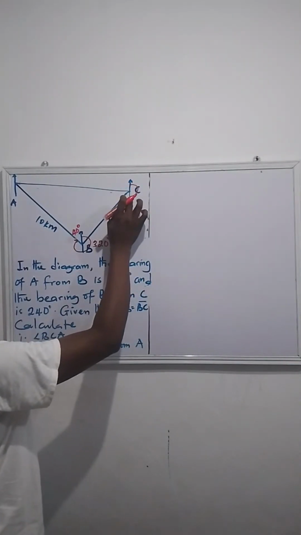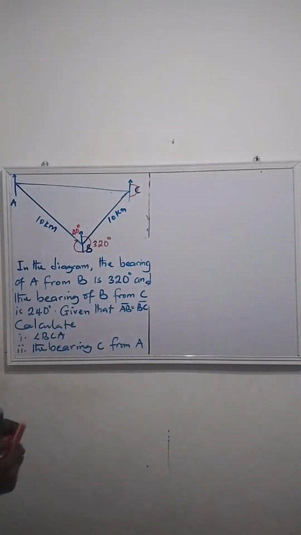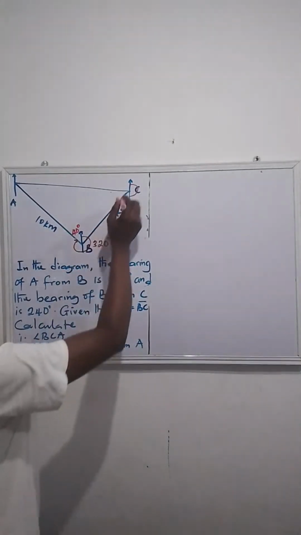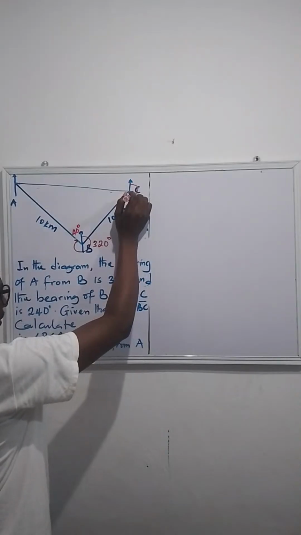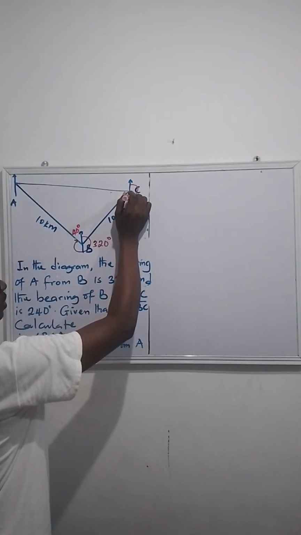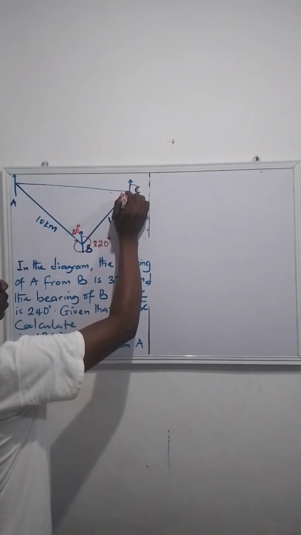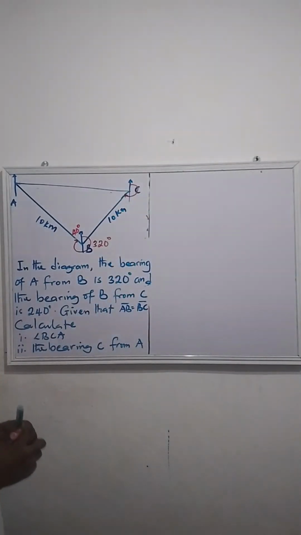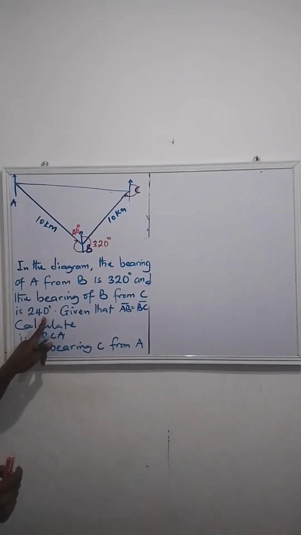Once you move to this level here, we have covered 180. So we are moving down to 240, which means we need to move another 60.